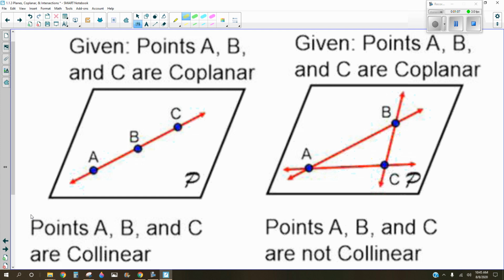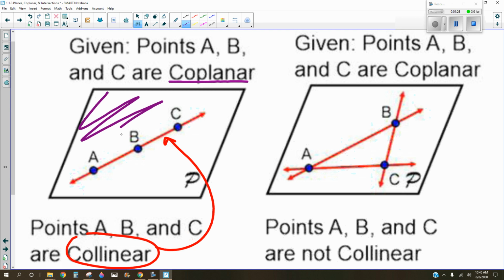There's collinear because they line up. So in fact, I'm going to grab my pen here. And so the collinear is the red line part, okay? Collinear is the fact that they line up. Coplanar is the fact that they share this flat plane surface, okay?